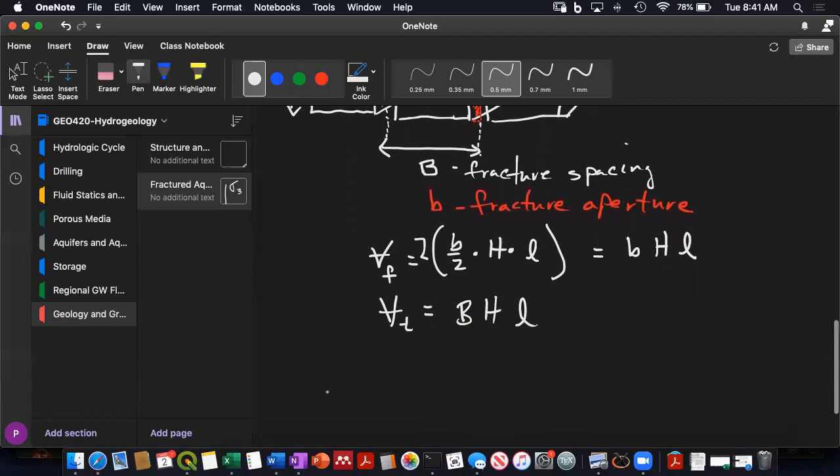All right, and remember my porosity equation is here. I'm going to call this the fracture porosity. It's the volume of fracture divided by the volume total.